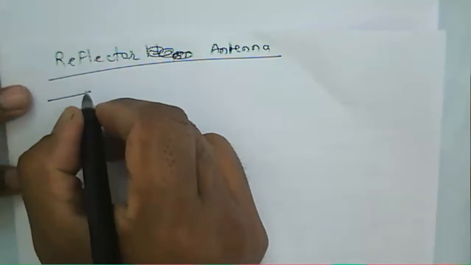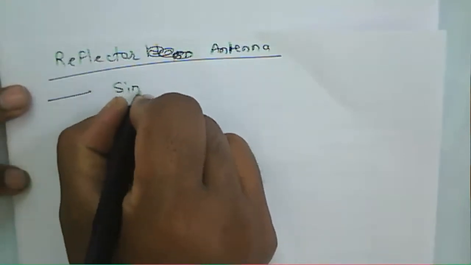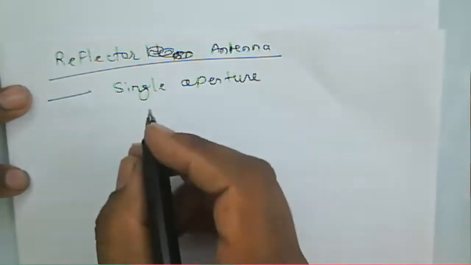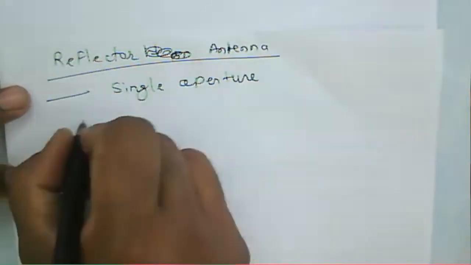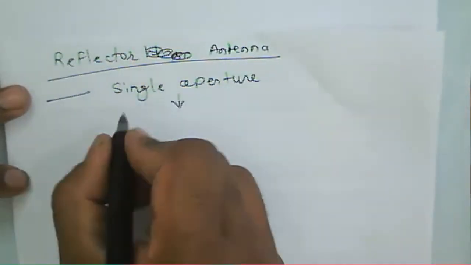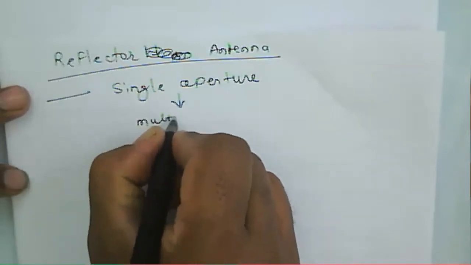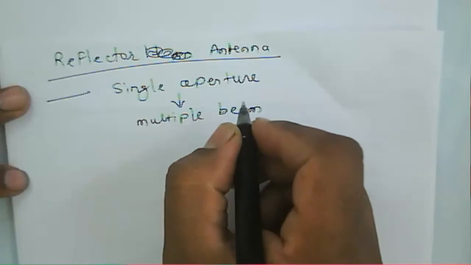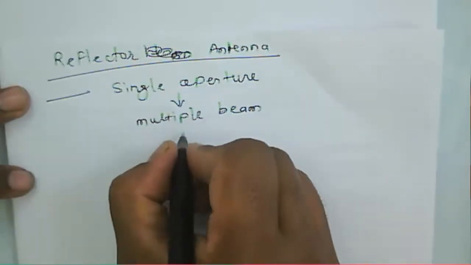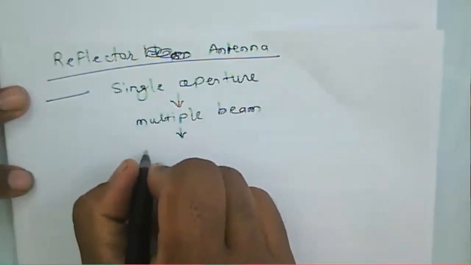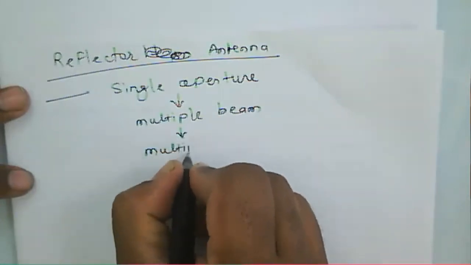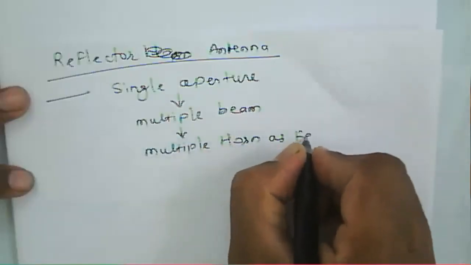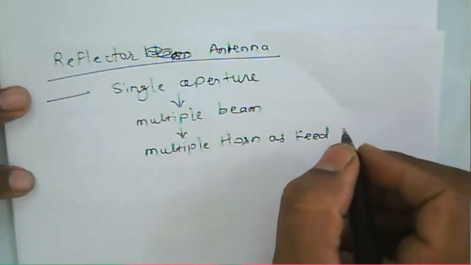As I told you earlier, a single aperture can create multiple beams when we have multiple horns, which can be used as a feed or feeding system.